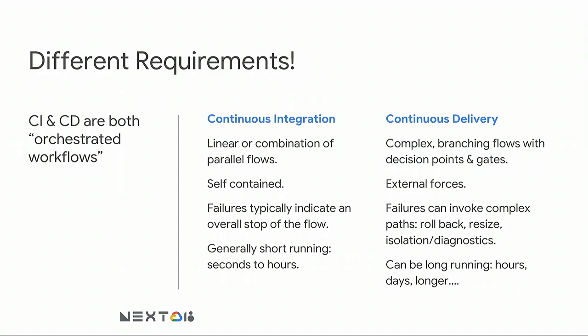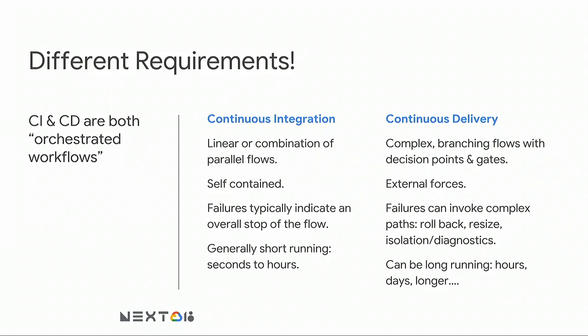So in this sense, both of these actions are orchestrated workflows, but with very different requirements, right? And if you look at it, a CI workflow is very linear in general, where if an error occurs along that line, we basically say stop, right? Just stop, fail out, don't do anything more. And they're generally very short running.